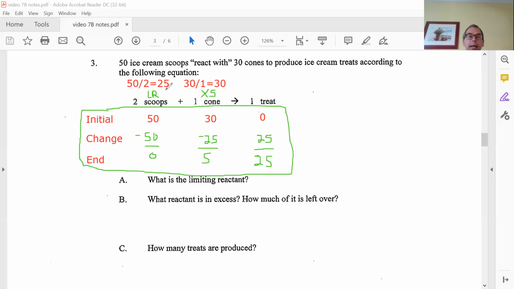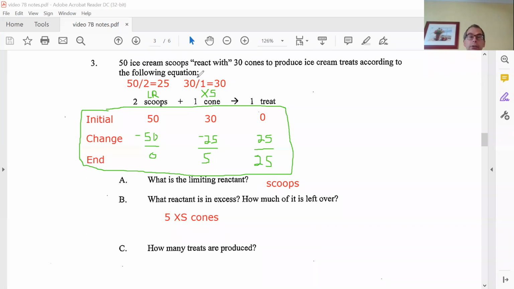So what's the limiting reactant? We said it was the scoops. So I'm going to put scoops right here. What reactant is in excess? How much is left over? It looks like it's 5 excess cones. See if we can spell that right.